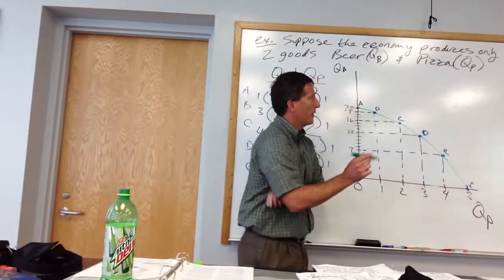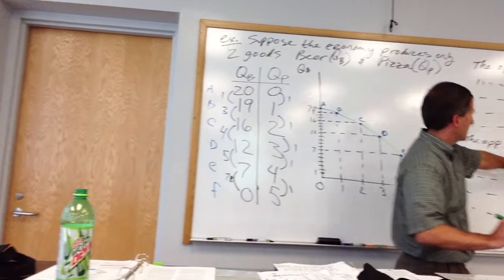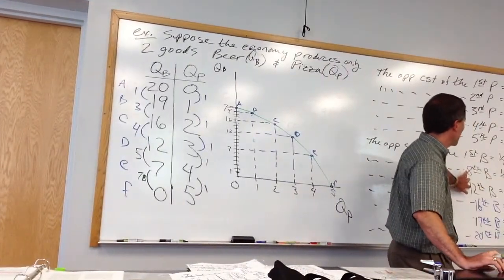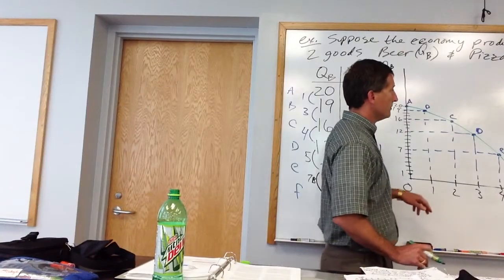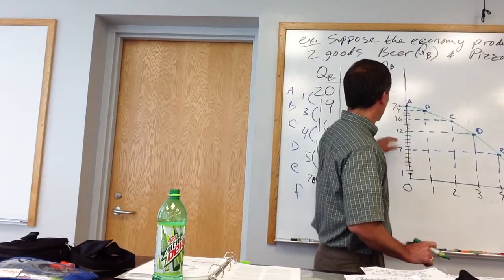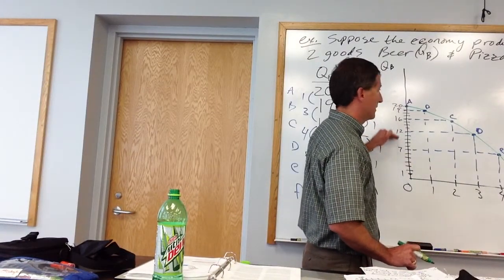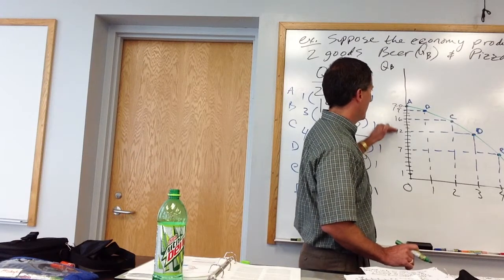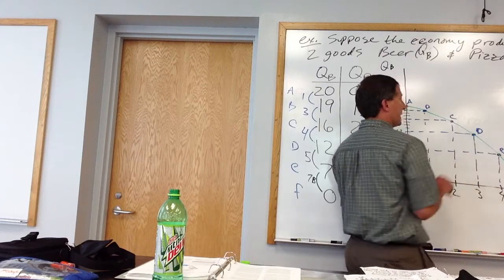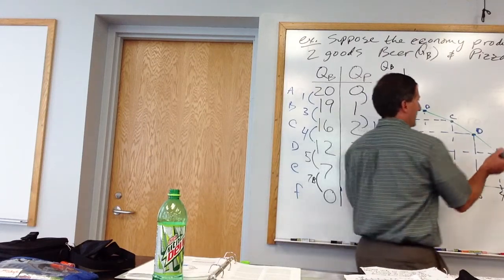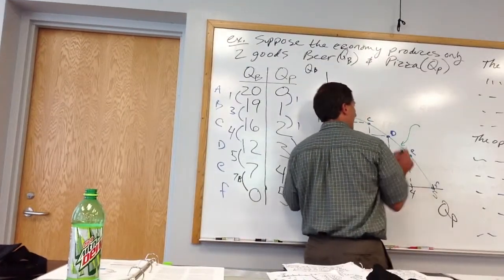And so as we found out over this interval here of 8 to 12, so in this 7 to 12 range, if we're moving from E to D, my question is, what's the slope of that line segment?